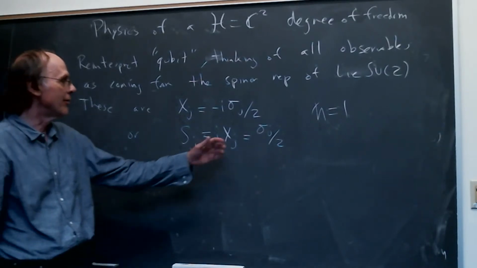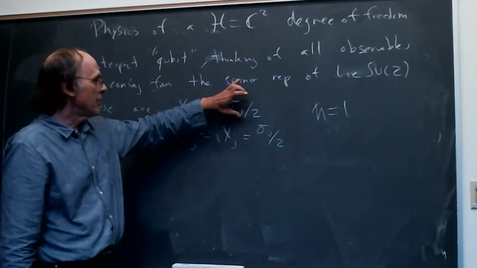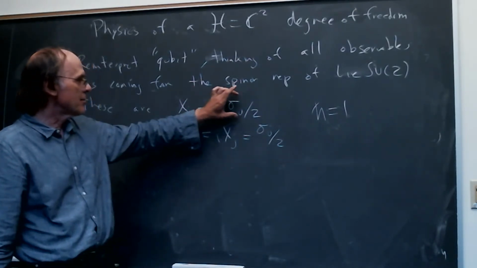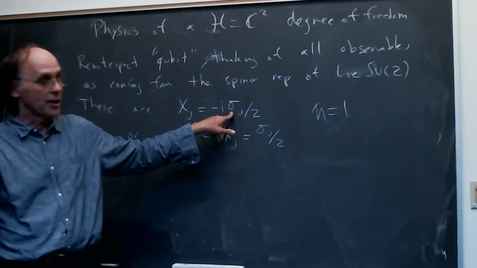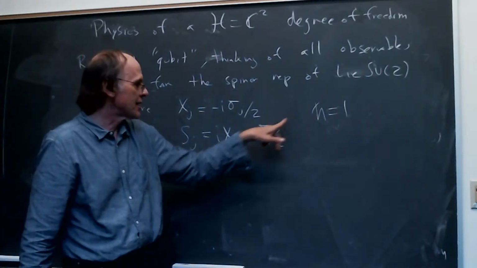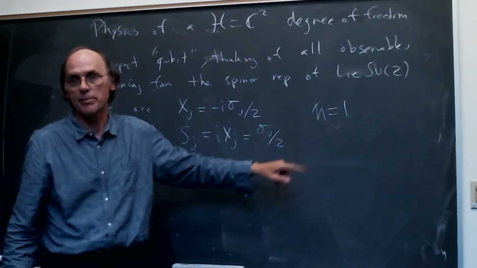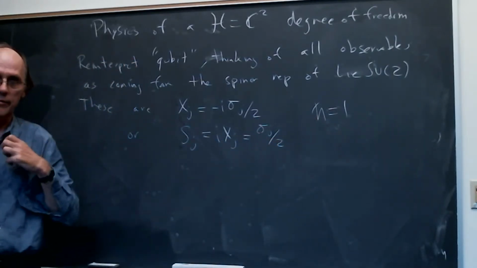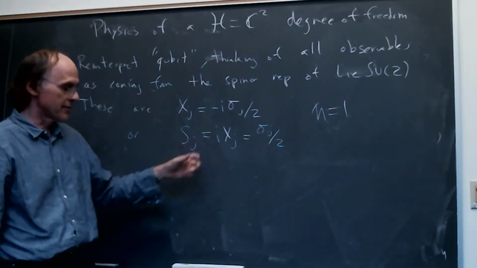The eigenvalues of these observables are going to be plus or minus a half, or plus or minus a half times h bar if you include it. That's the quantization of the eigenvalues of these operators.